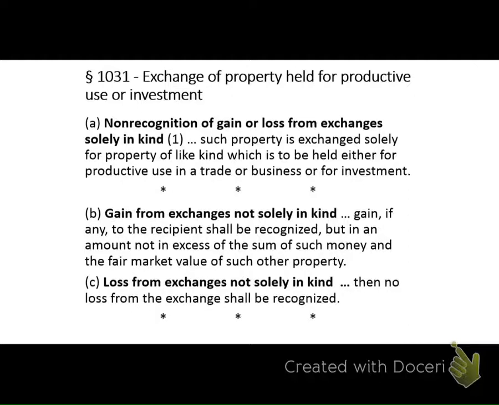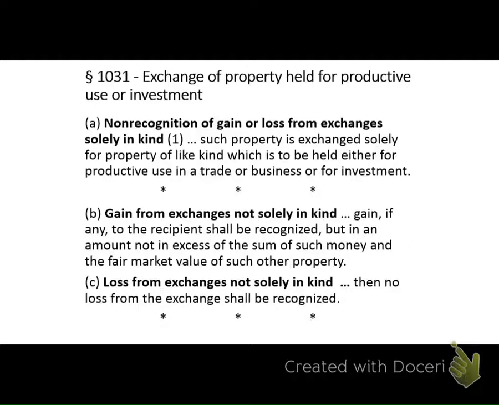And if both of those elements apply, party A has a non-recognition transaction. If both of those elements apply, party B has a non-recognition transaction. But just because one of the parties doesn't have a non-recognition transaction, it doesn't affect the other party. Right? So that's the easy one.